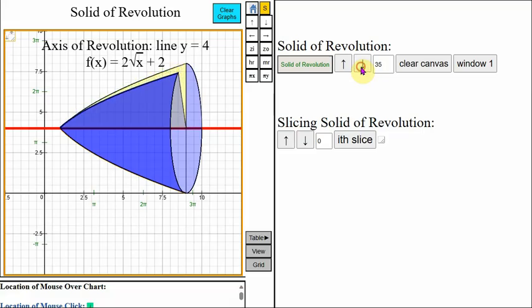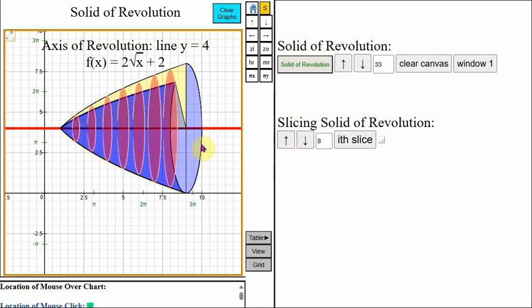And to find the volume of this solid of revolution, what we would do is divide the solid into many slices like this. And then each slice would be a cylinder, and we would find the volume of each slice and then add the volumes of the slices together, and that will give us an approximation for the volume of the solid of revolution.